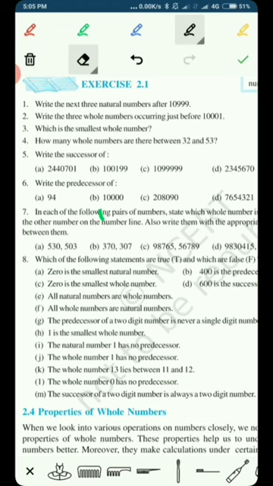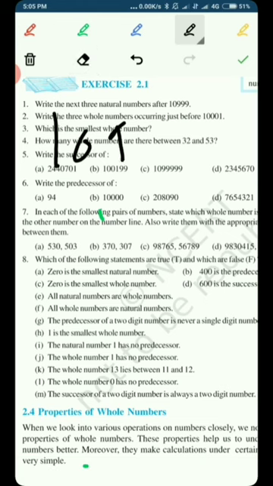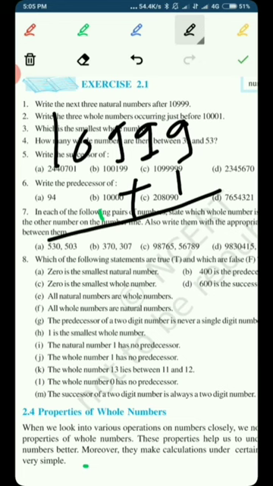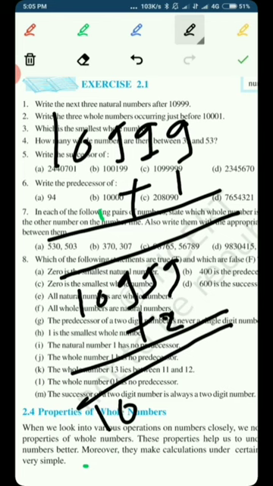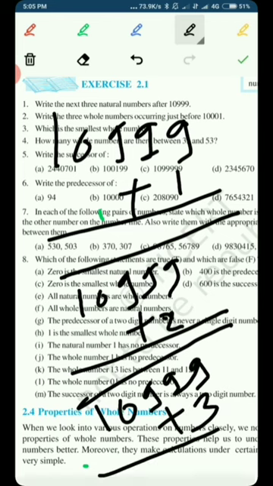So with 10,999, first of all we have to add 1 to it, then add 2 to it, and then add 3 to it, and we will get the answer.